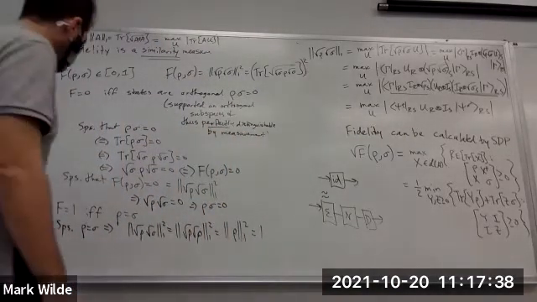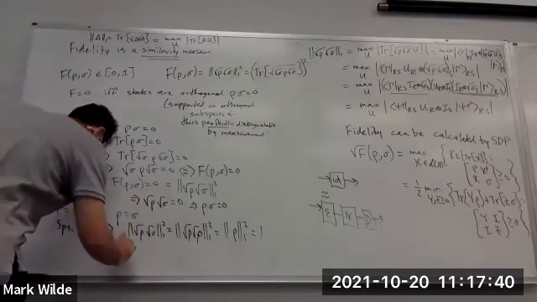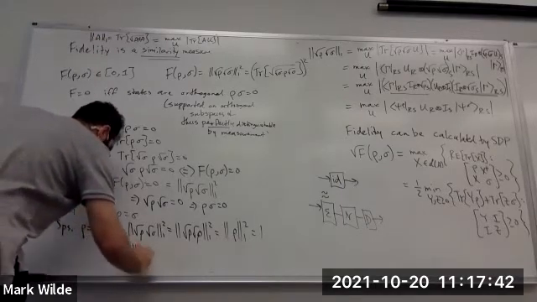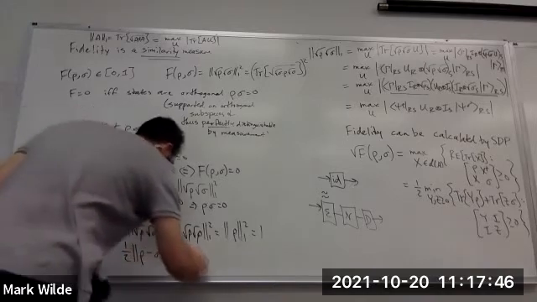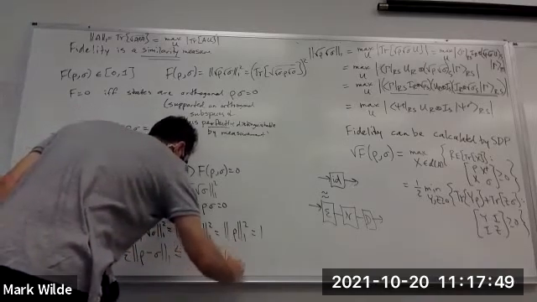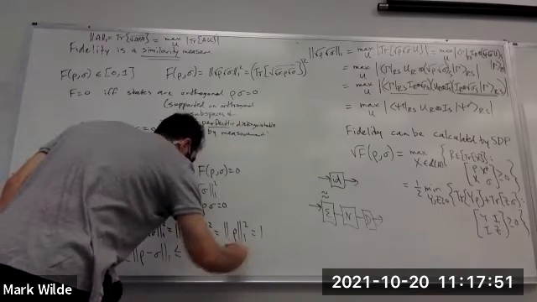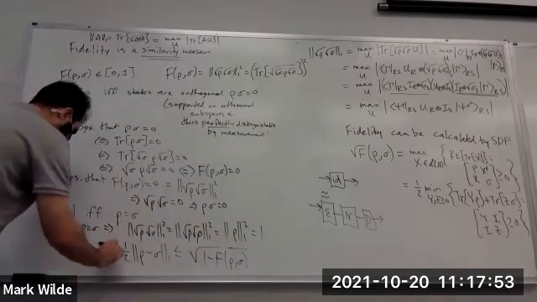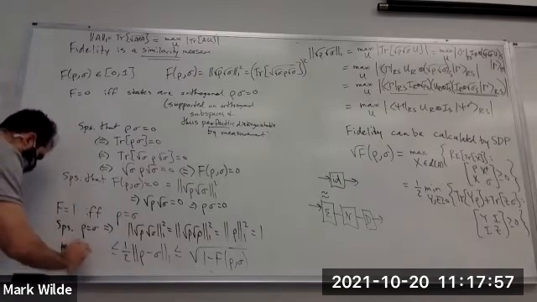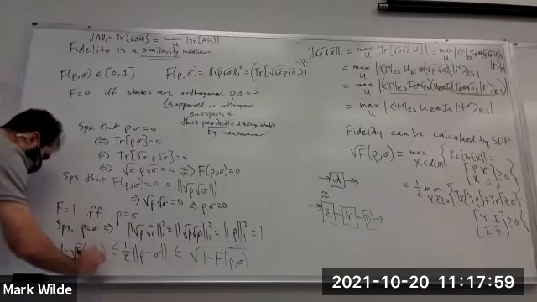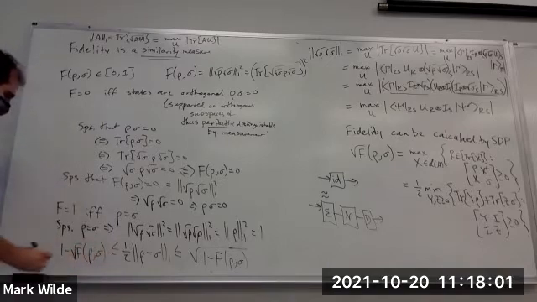Another argument is there are these inequalities relating trace distance and fidelity. We may or may not prove these the next time, but these are very nice inequalities that get used a lot.